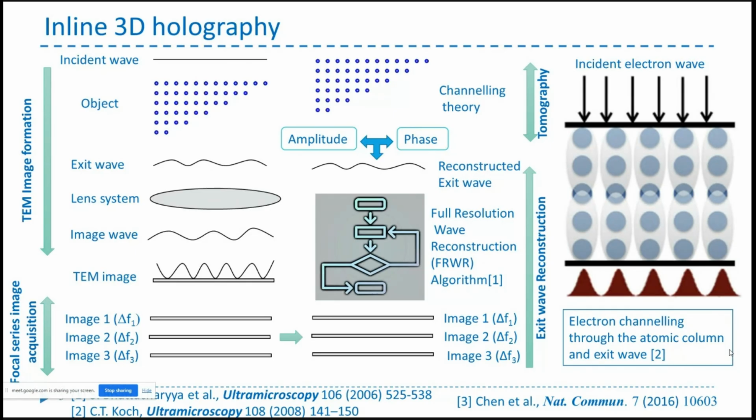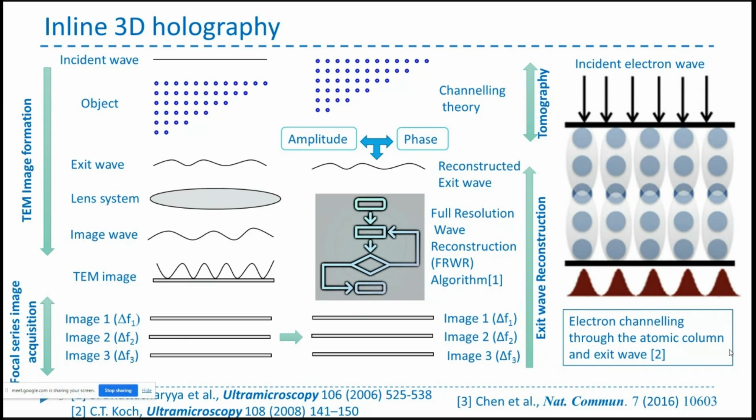Now, if you think about a crystal, even a single crystal, you have atomic columns, and between two atomic columns you have around 1 angstrom difference, but the wavelength of your wave is in picometers. So for the electron which is going through the atomic column and the one going in between the atomic columns, they will have different speeds, because they get different hindrance, so there will be a phase change.